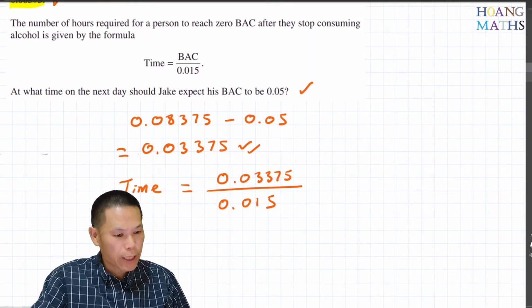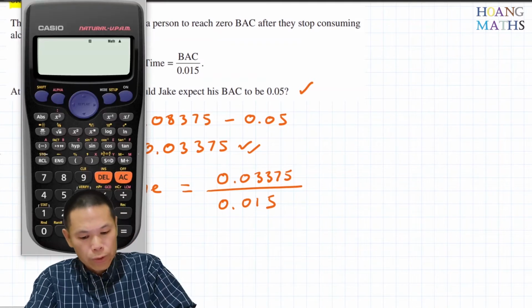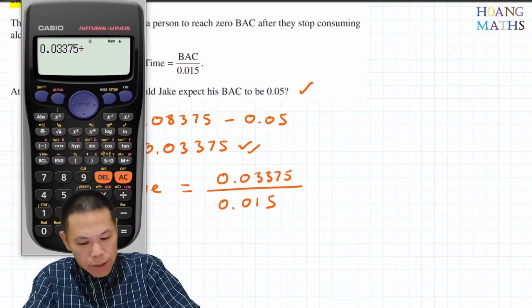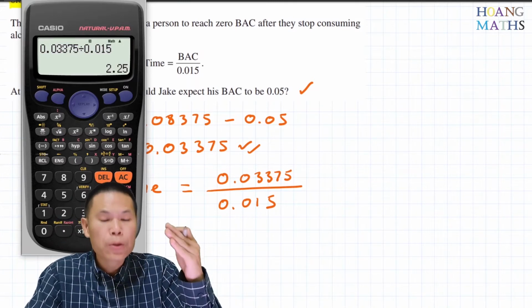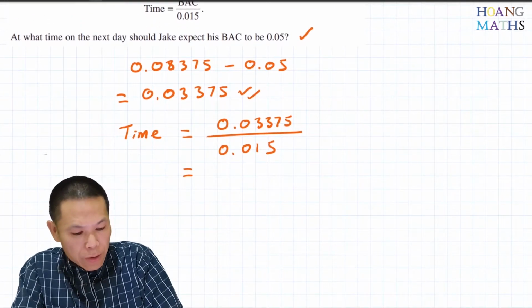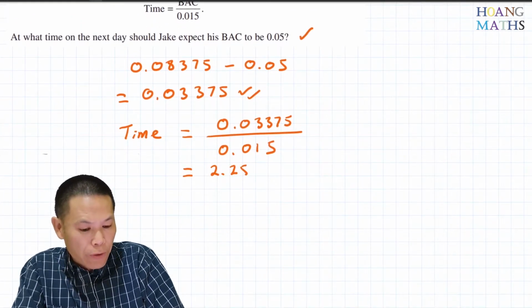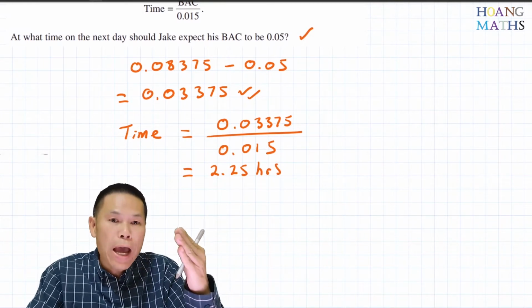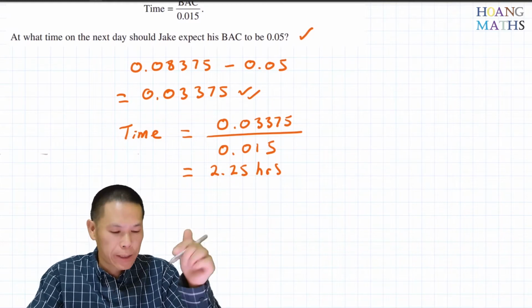So just put that in the calculator. 0.03375 divided by 0.015 is equal to 2.25. So let me just write this down. Equal to 2.25 hours. So therefore, that is 2 hours and 15 minutes.